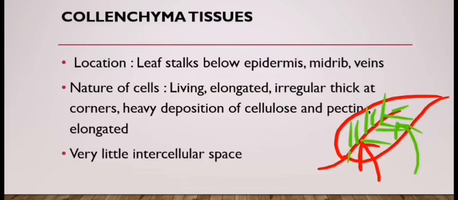Wherever you see the diagram of collenchyma tissue, you will see irregular corners, because of this deposition of cellulose and pectin. And unlike parenchyma tissue, which has very large intercellular spaces, collenchyma tissue has very little intercellular space.